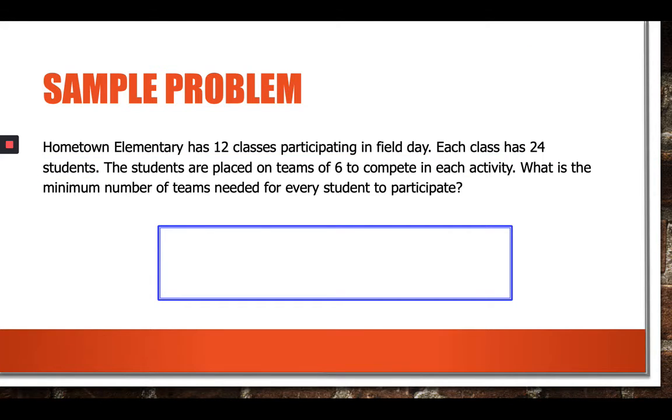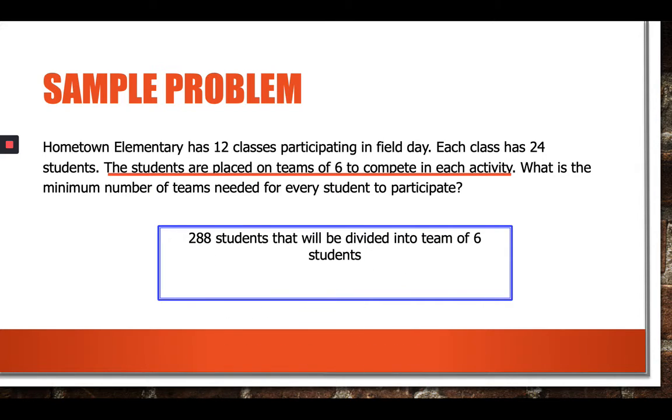But now we need to look at the next sentence. The students are placed on teams of 6 to compete in each activity. I want us to read this sentence one more time to make sure that we understand this. The students are placed on teams of 6 to compete in each activity. Remember, this does not tell us there are 6 teams, but it tells us that each team will have 6 students.